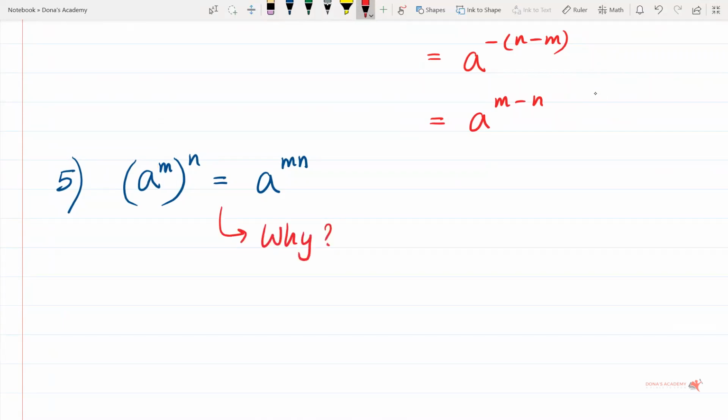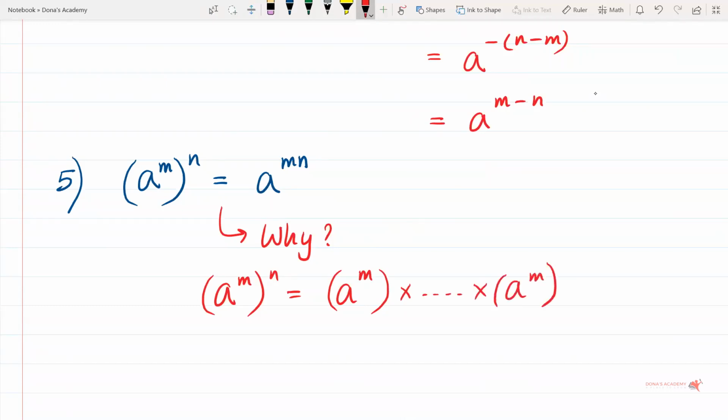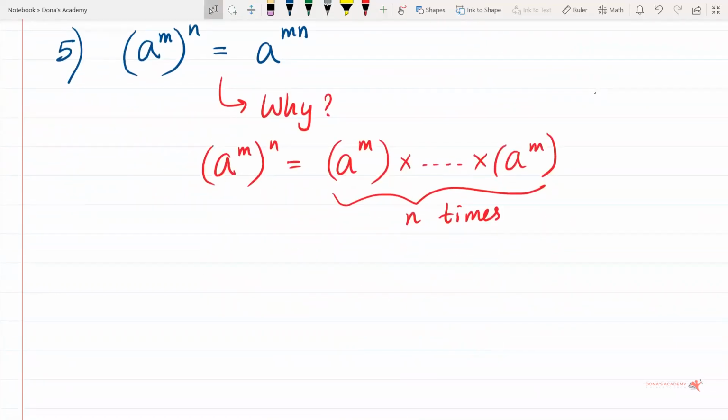Alright, so here if I distribute this, what I get is a to the m multiplied by itself n times. So I have n number of a to the power m terms.